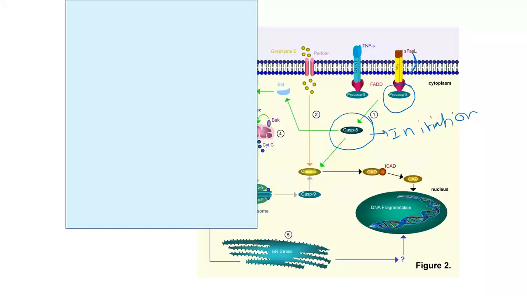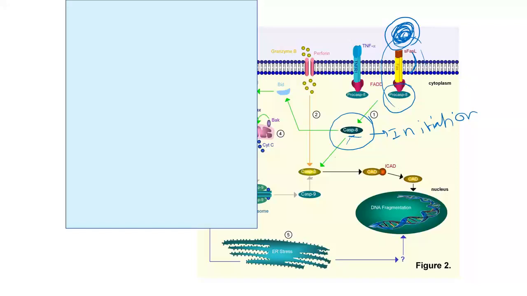So the engagement of Fas with Fas-L on the cytotoxic T cell will lead to activation of procaspase 8, beside the Fas receptor, and this procaspase 8 will be activated into caspase 8. Caspase 8 will go and activate caspase 3 to complete the cascade of caspase activation in apoptosis.